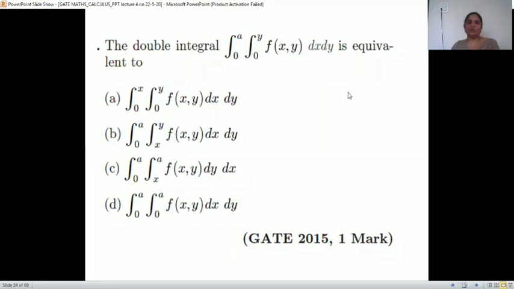And we have to draw a strip parallel to. Can you tell me please, anyone?